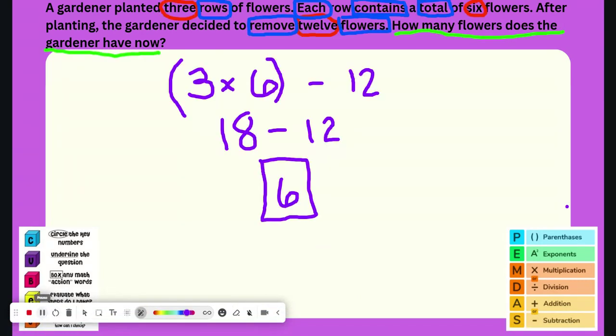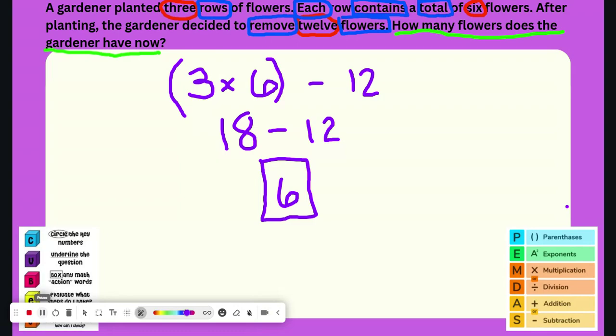All right, let's look at it. A gardener planted 3 rows of flowers. So very first step, we are going to circle all of the key numbers here. Looking at this first sentence, I do not see any physical numbers, but I do see number words. So I circled the number word 3. Each row contains a total of 6 flowers. Circle the number word 6. After planting, the gardener decided to remove 12 flowers.